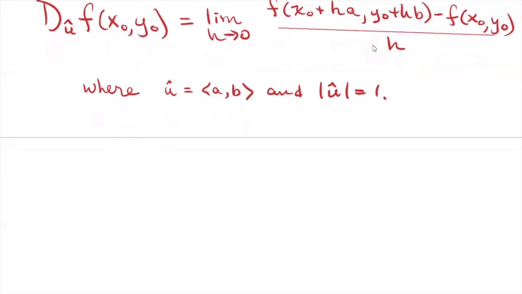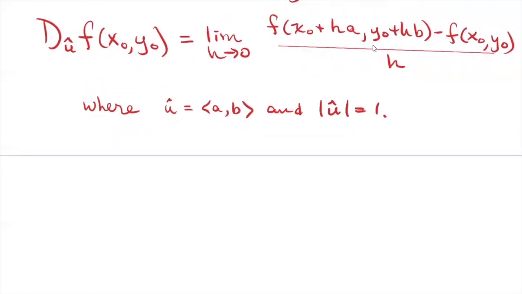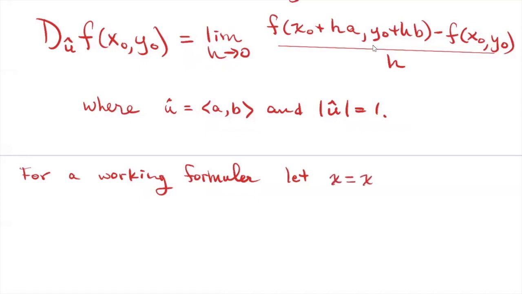Okay, so this is an ugly, ugly definition. So for a working formula, just let x be x naught plus ha, and y be y naught plus hb.